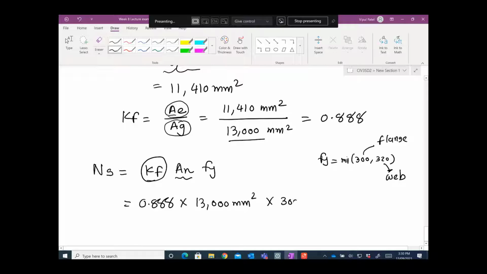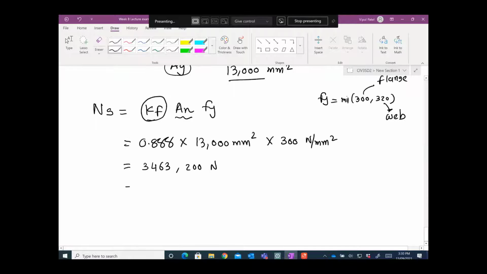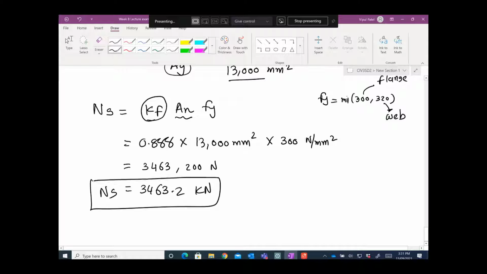So in that case, you can just take 300 Newton per millimeter square. So the answer would be 0.888 times 13,000 times 300. You get 3,463,200 newtons, which is 3463.2 kilonewtons. So that is your NS section capacity.